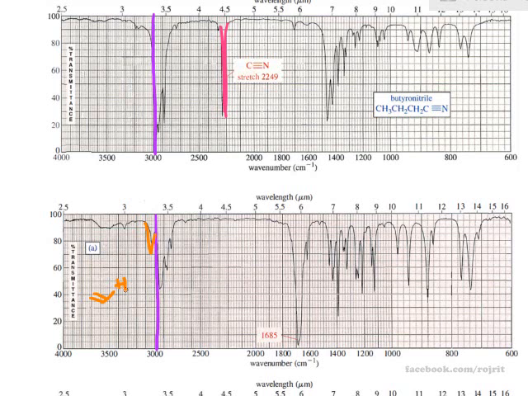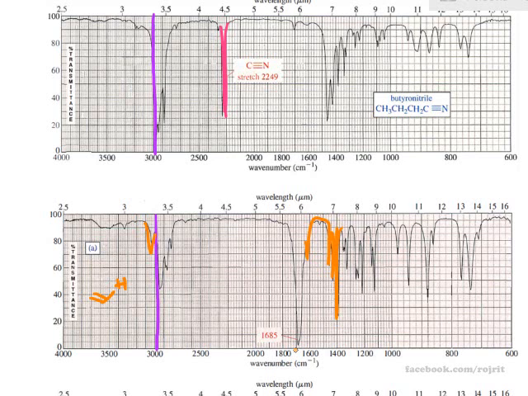But this is a benzene, because at 1400 to 1600, you have four sharp peaks again. There are four sharp peaks, but you cannot see the little bump around here, because you have a very strong absorption of the carbonyl that dominates the area and buried the little bump already.